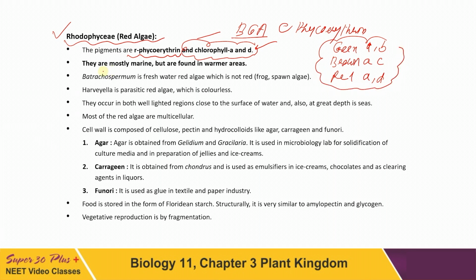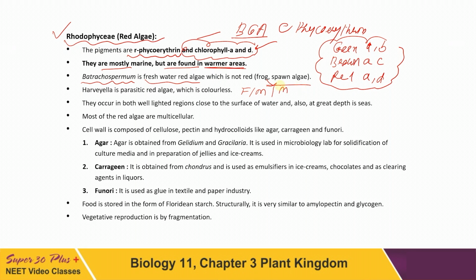Mostly marine, but found in warmer seas. A few are found in freshwater also. For example, this is Batrachospermum, freshwater red algae. In this reference also, can you differentiate? Brown algae are found only in marine water. Green algae are found in freshwater as well as marine water.